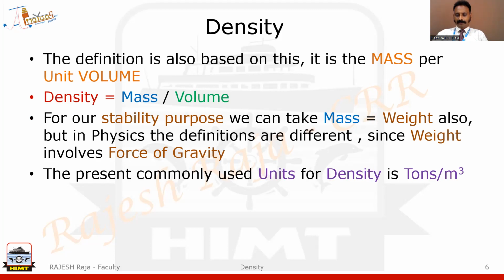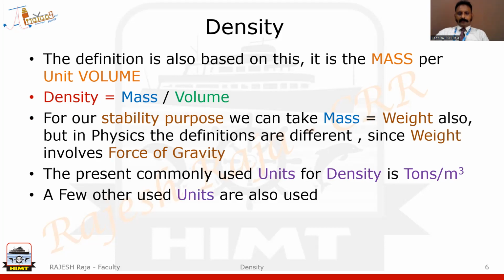That is what we use in present-day shipping, navigation or stability, whatever you want to call it. A few other units are also there from which tons per meter cube evolved. I can call it grams per cc, grams per milliliter, or kg per liter also.